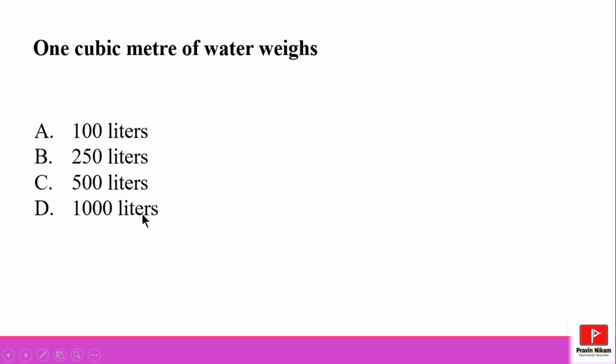So the correct option is D. Means 1 meter cube is equal to 1000 liter. So remember this conversion. 1 meter cube is equal to 1000 liter. Then 1 liter is equal to 1 divided by 1000 meter cube, means 10 raised to -3 meter cube.